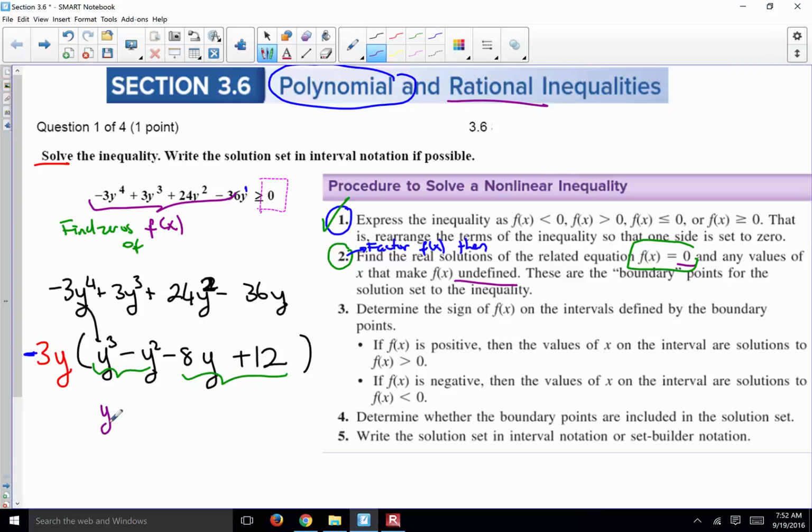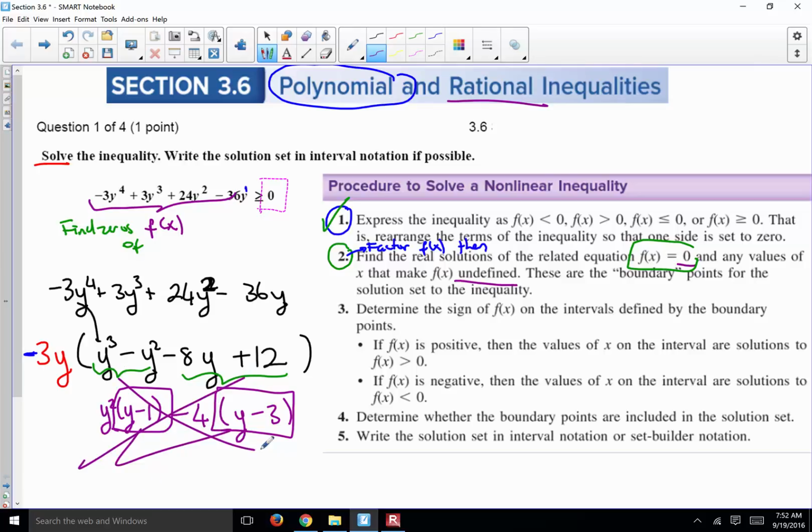I see only y squared common here and then y minus 1 left. Here I see 4, minus 4 common. I get my y minus 3. However, there is nothing common in these parentheses, right? Is there anything common? So they won't regroup, so I quit this method. It's not working. This is called factoring by grouping, 2 by 2 grouping. It's not yielding anything, so I quit it.